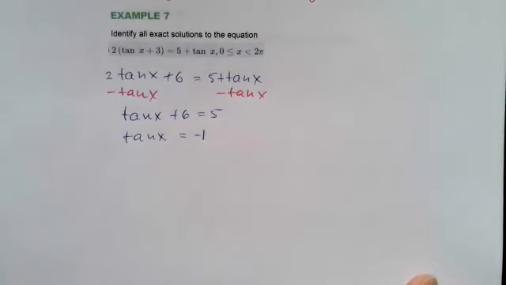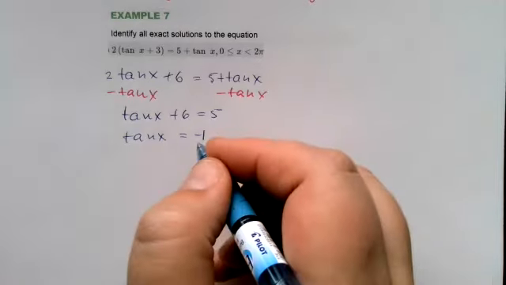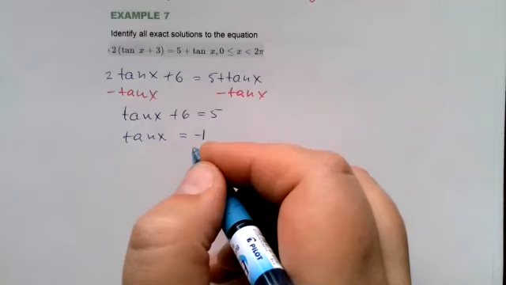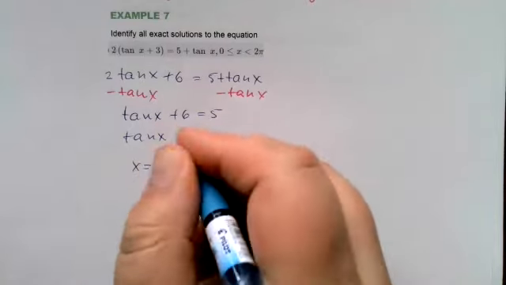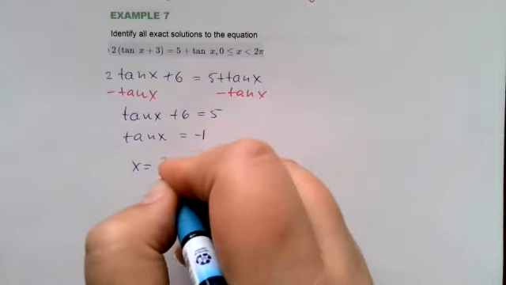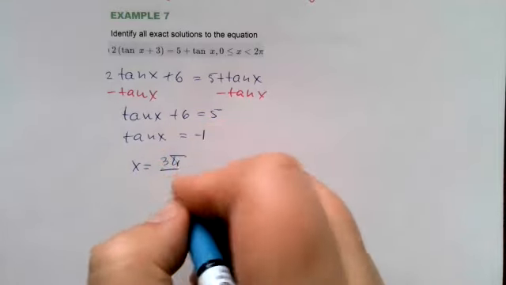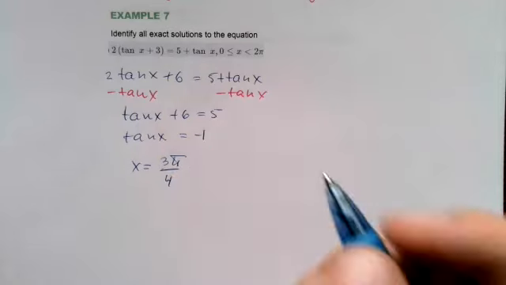So remember that the period for tangent is pi. So we're looking for solutions from 0 to pi, and there is only one solution. That's 3 pi over 4, right?